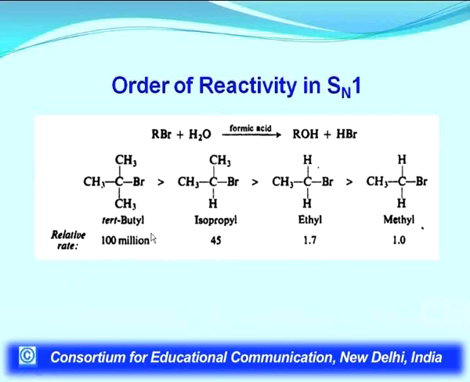It means this tertiary halide reacts at a very fast rate under the similar condition where methyl halide reacts at a very slow rate. So, this order of reactivity is due to the same reason that this will form a tertiary butyl carbocation, which is a very highly stable carbocation.